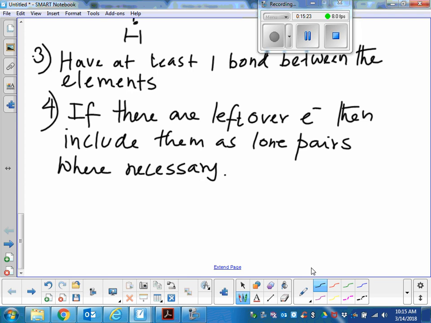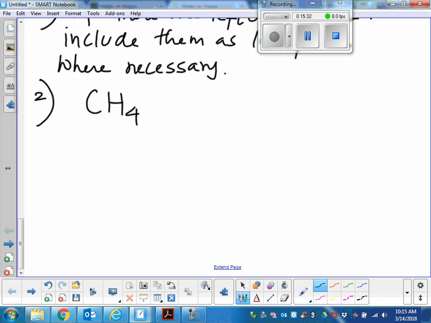Let's do another example. Let's do methane, CH4. Can you try and draw the Lewis dot structure of methane? We can do ammonia, and we'll do ammonium a little later. Let's do compounds first and then we'll come to polyatomic ions.